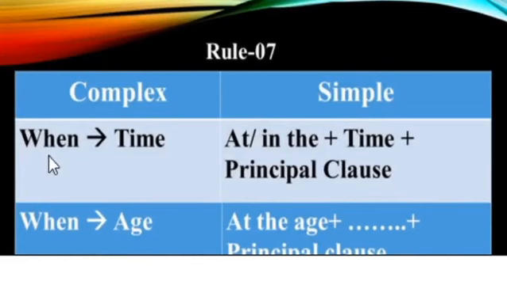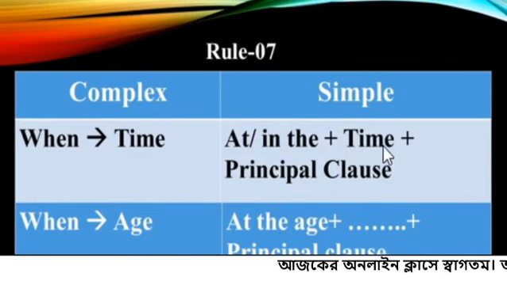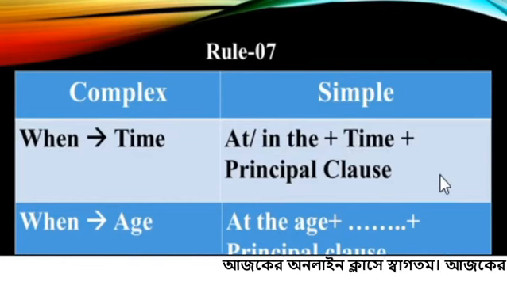If "when" is used in a complex sentence, and if by "when" it expresses the meaning of time, then we have to use "at" or "in the" plus time plus the principal clause.